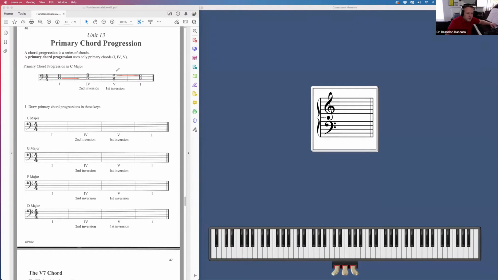So we're moving from chord to chord with the least possible motion. So everything moves either by step or skip.